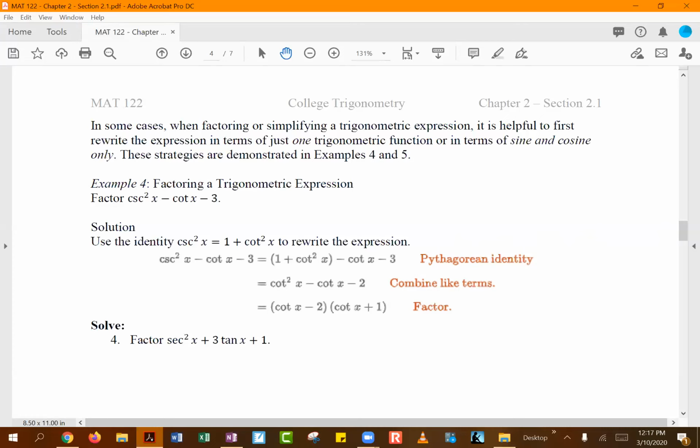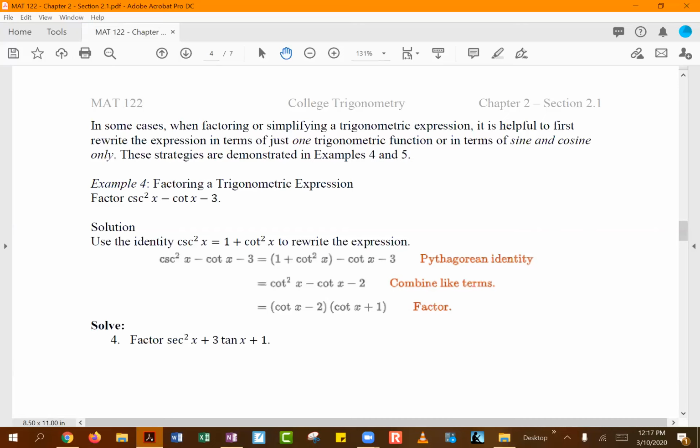And then you've got your cotangent squared minus cotangent, and the constant has now become negative 2. This is basically x squared minus x minus 2, right? And then you can factor it out. So just by converting that into the same function, we're able to simplify it a lot better.